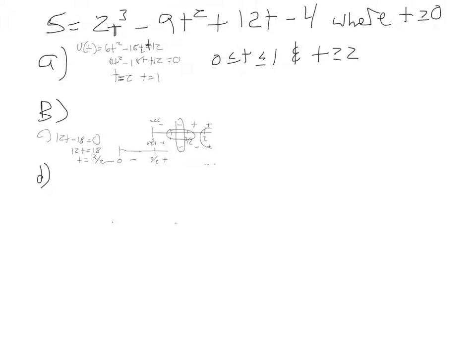So again, my velocity function, we had velocity is equal to 6t squared minus 18t plus 12. So I need to find the velocity when t is equal to 3/2. And when we chunk every term, I've got 6 times 3/2 squared minus 18 times 3/2 plus 12.